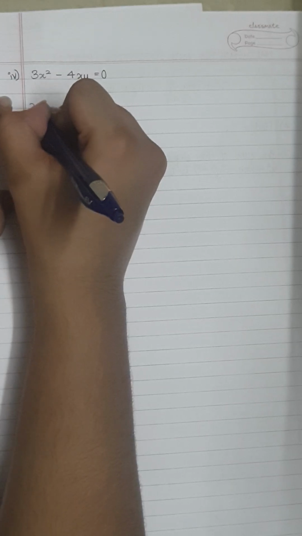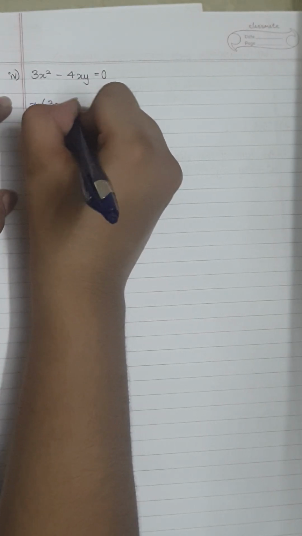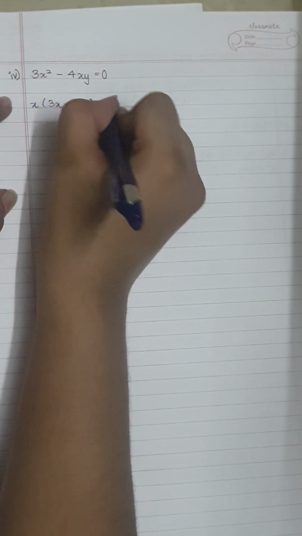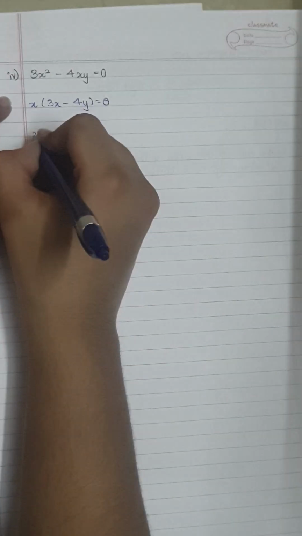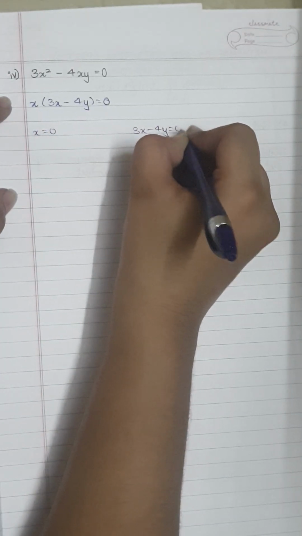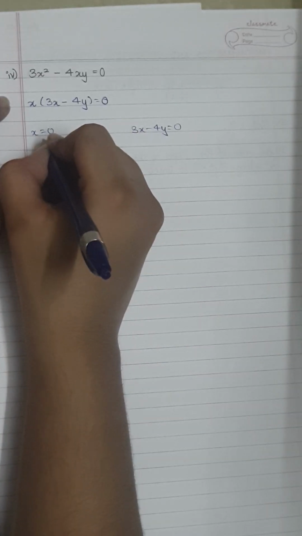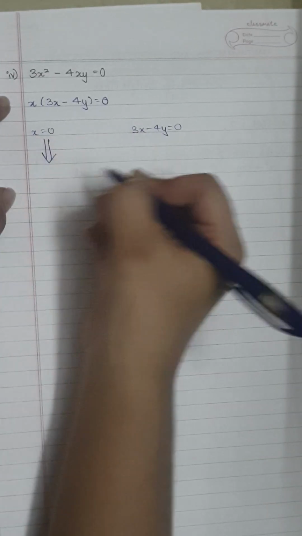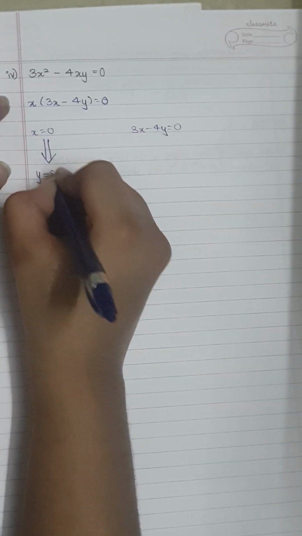Again, you can factorize this very easily. Taking x outside, you have 3x minus 4y is equal to 0. So your lines are x equal to 0 and 3x minus 4y is equal to 0. Since the required line is perpendicular to x equal to 0, the line becomes y equal to 0.